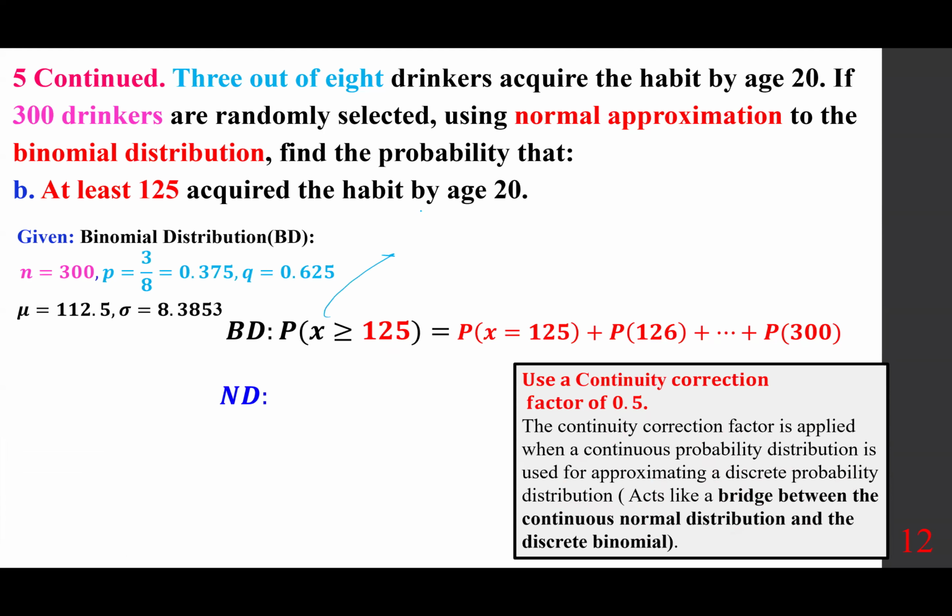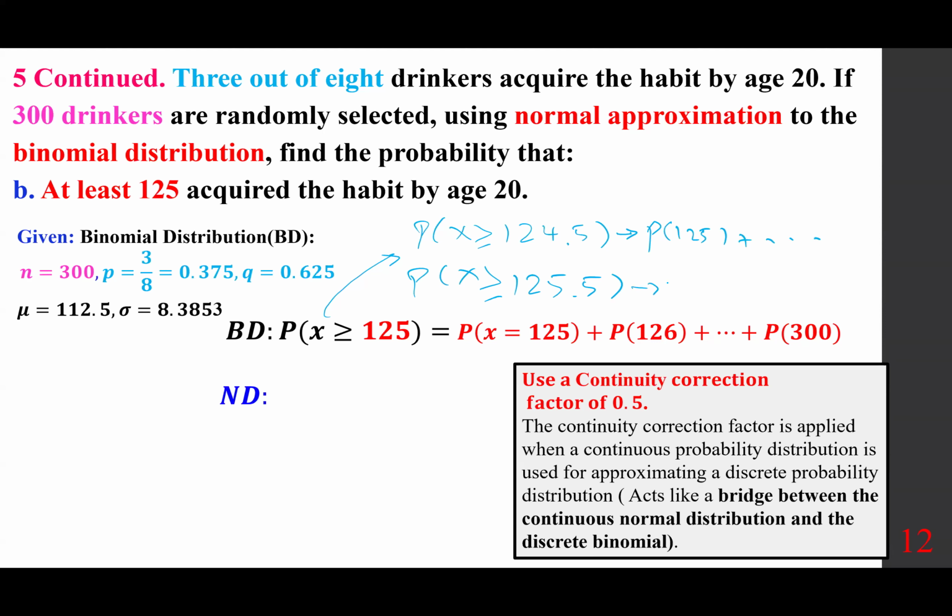We can say, okay, if we want to go to normal distribution, we are going to say probability of x larger than or equal to 124.5 or x larger than or equal to 125.5, because I don't want you to memorize just, okay, in this case we do this, in that case we do that. No, just put the number. The very first number here, discretely, would be probability of 125, and it continues, right?